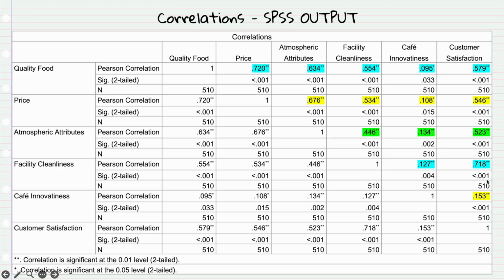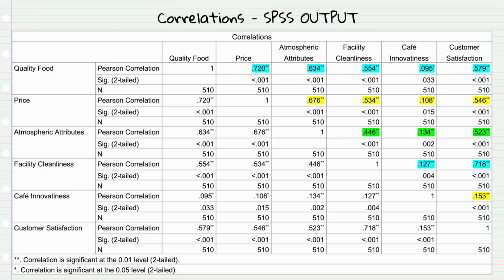This tells us two important things. One, the strength of relationship. Using the table by Hair et al. 2017 from the previous slide, we can see that an R value of more than 0.70 is a very strong relationship.